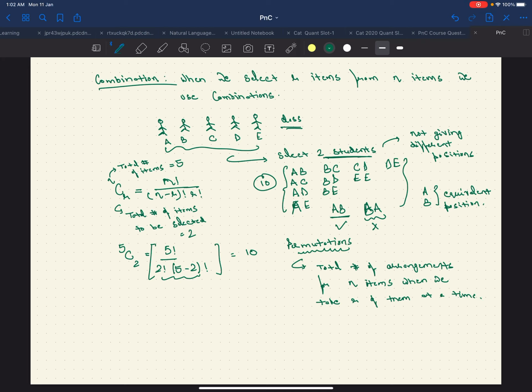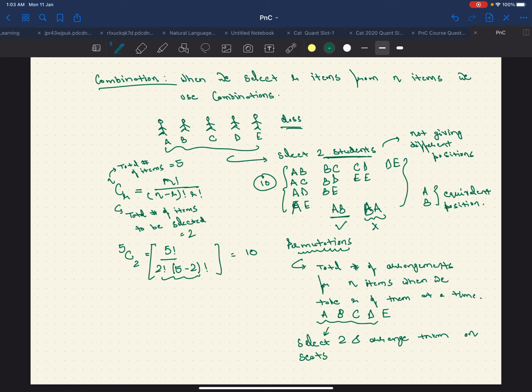Once again, let's say we have 5 students, A, B, C, D and E. We are to select 2 and arrange them on seats. Let's call the seats X and Y.